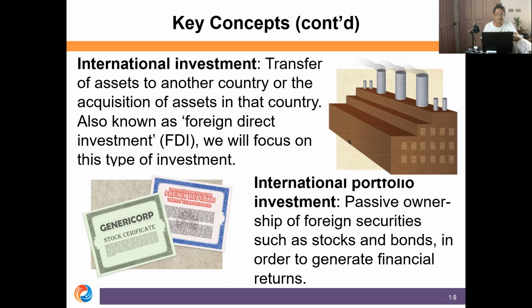So magiging running ang negosyo ng foreign company. And yung pagbili mismo, yung pagbili ng facility, pag-put up ng facility is considered a foreign direct investment. Yan ang hinahanap ng mga gobyerno natin, na sana tayo ay makakalap ng foreign direct investor. Why? Because it helps our economy.